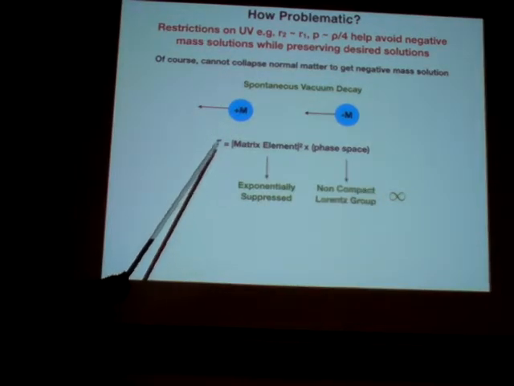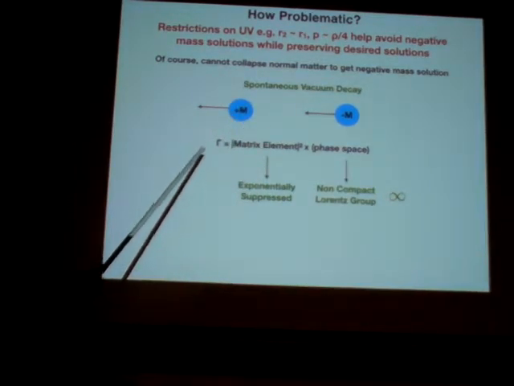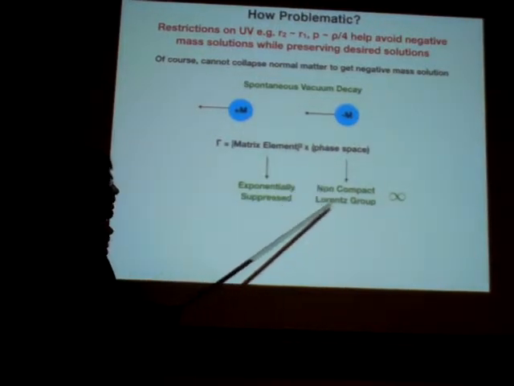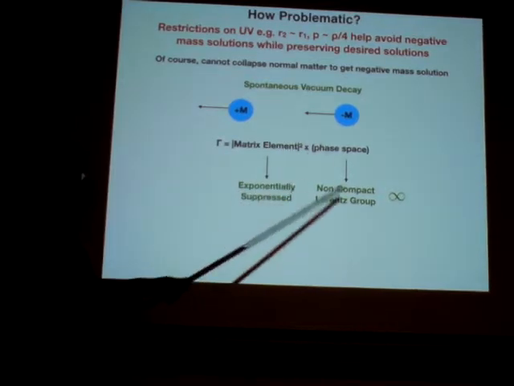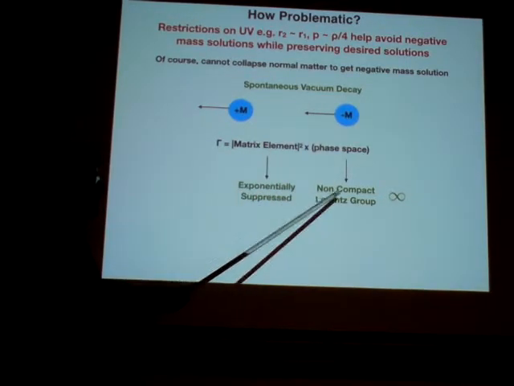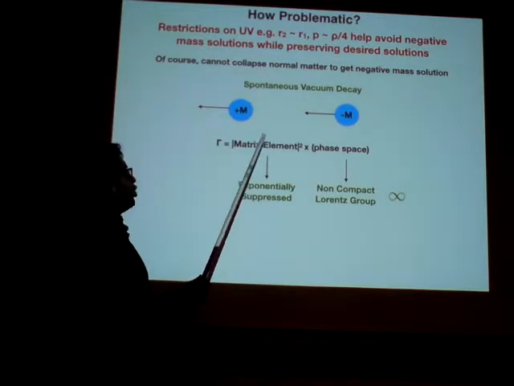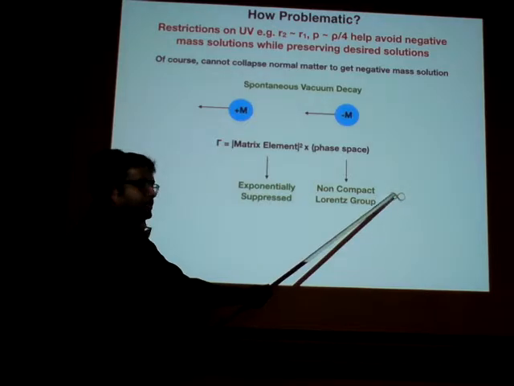But the problem is, no matter how small the matrix element is, the rate for this process is multiplied by a phase space. And the real issue is that if you believe this story is in a Lorentz invariant theory, this phase space is non-compact, because the Lorentz group is non-compact. And that essentially tells you that this rate, no matter how small the matrix element is, is always infinity.